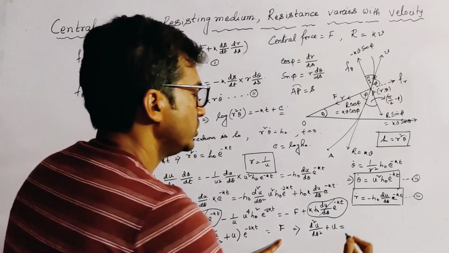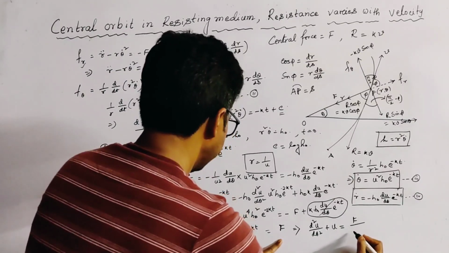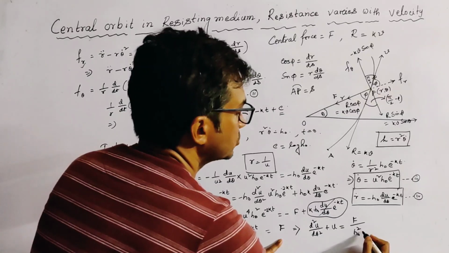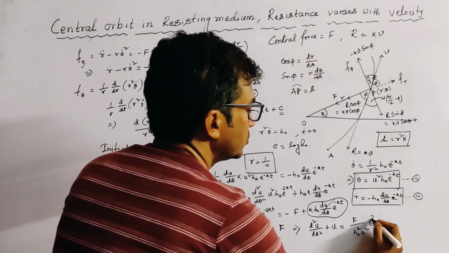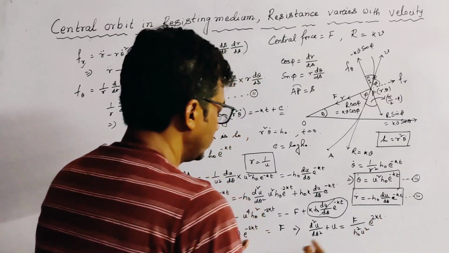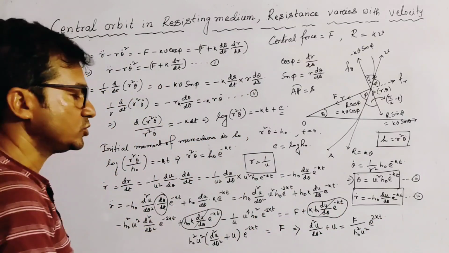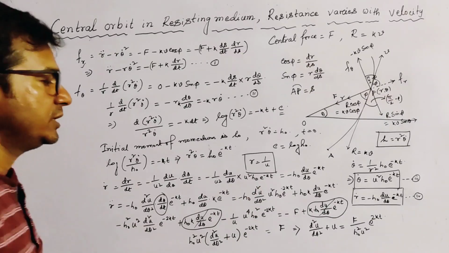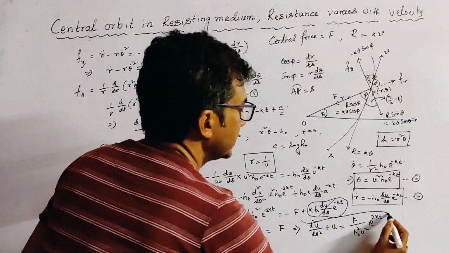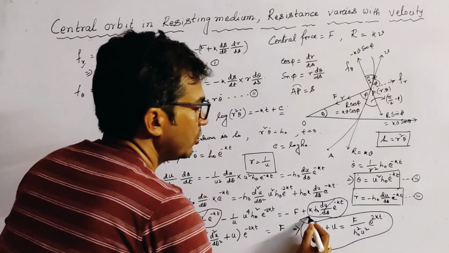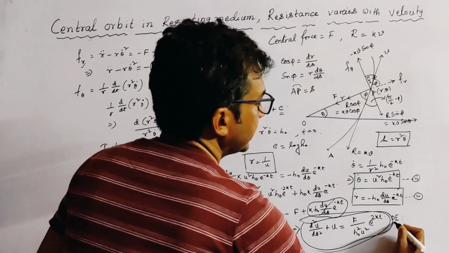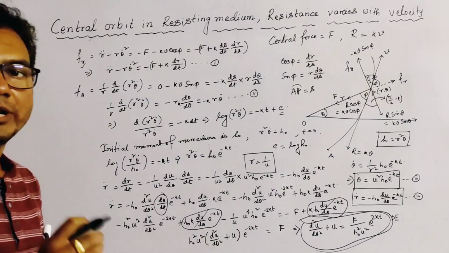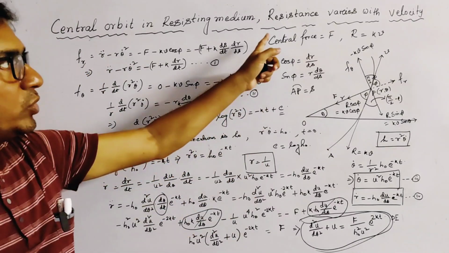This is on the right side so it is positive, and this is our required result, the differential equation of central orbit in resisting medium where resistance varies with velocity.